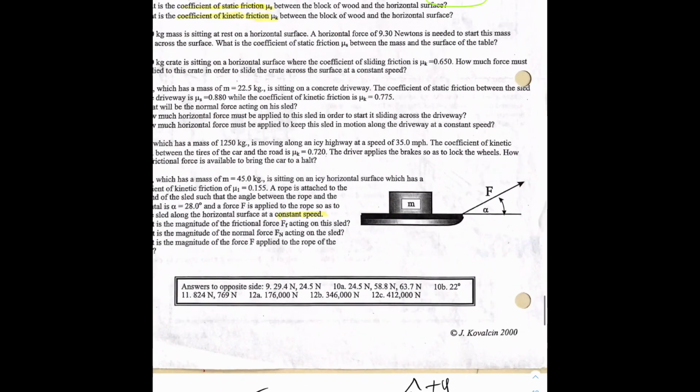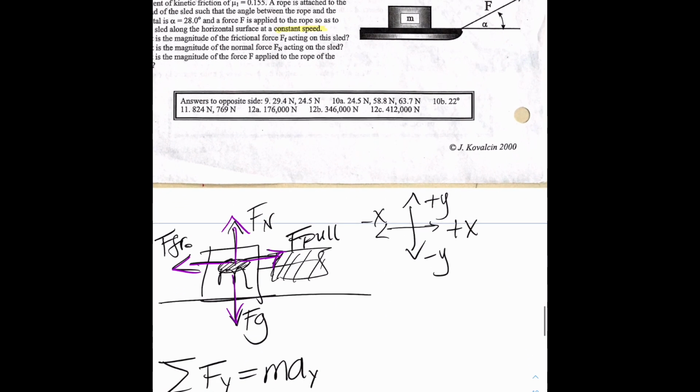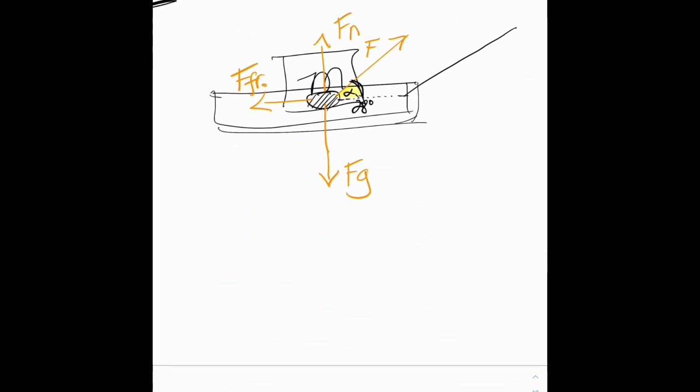I want to make sure I don't mess that angle up. All right, and the mass is 45, and mu1 is 0.155. So mu1 equals 0.155. The mass of this crate, or the sled plus crate, is 45 kilograms.